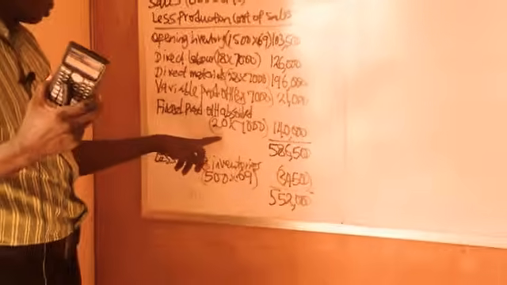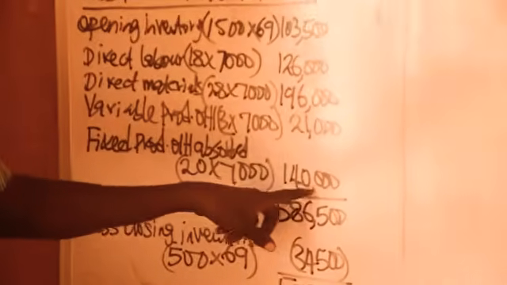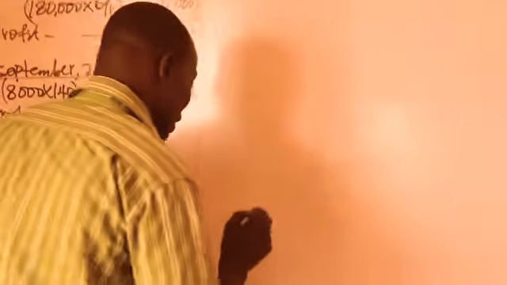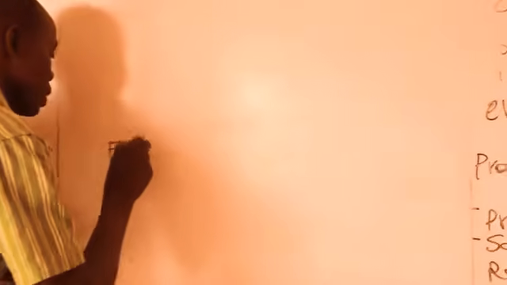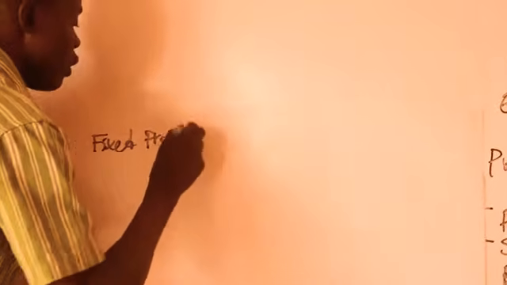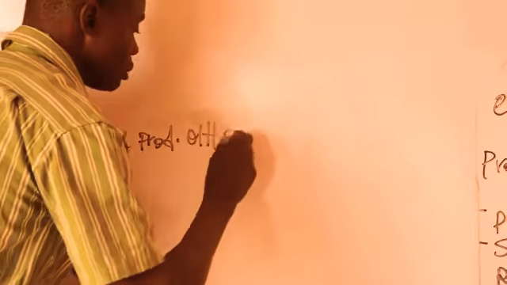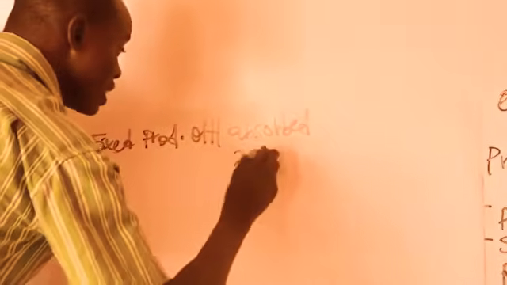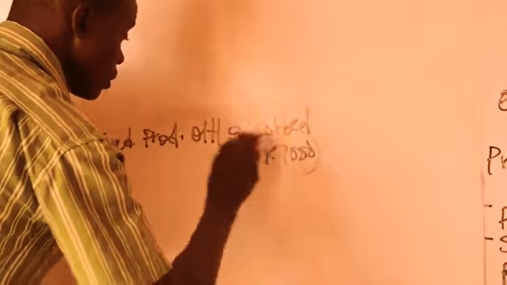The fixed production overheads absorbed is $140,000, which is the overhead absorption rate 20 times the actual production of 7,000.